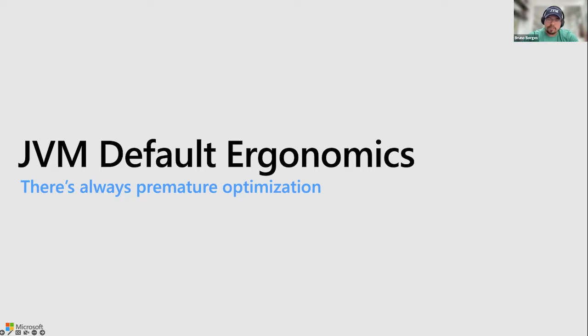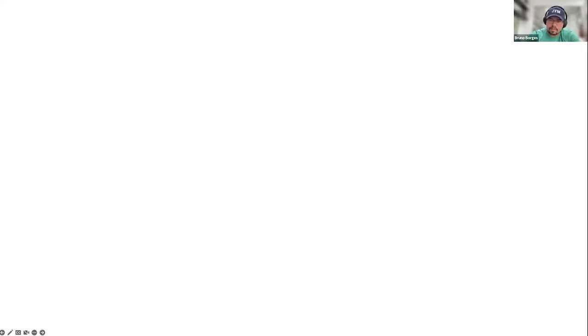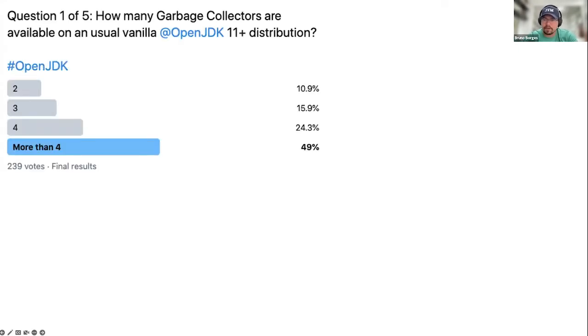But there is a set of information that may or may not be read by the JVM during start. So we asked people, Java developers just like yourselves, on the internet, a few questions about their understanding of the default ergonomics of the JVM of OpenJDK. The first question that we asked is, how many garbage collectors are available on a usual distribution of OpenJDK 11, let's say?